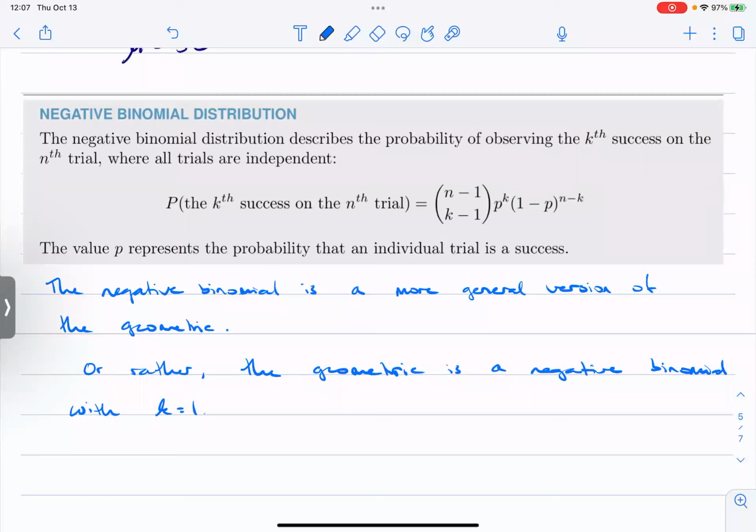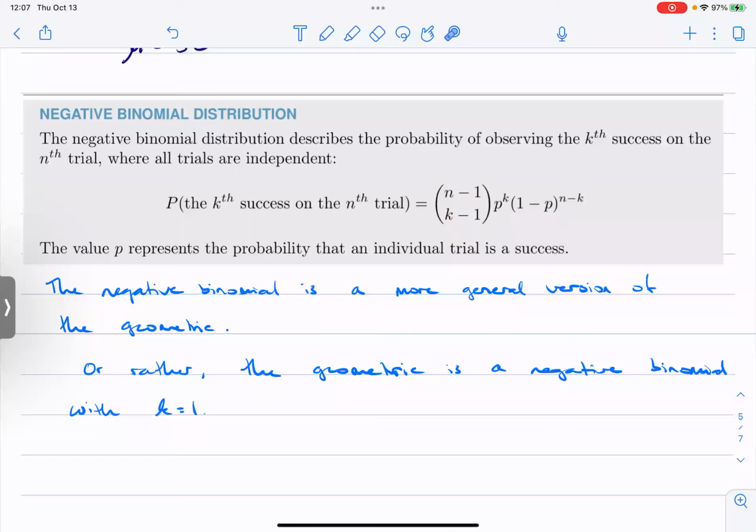So if I let k be 1, then I have n minus 1 choose 1 minus 1. There's only one way to choose 0 successes, right? So this becomes 1, and then I have the exact same formula as the geometric.